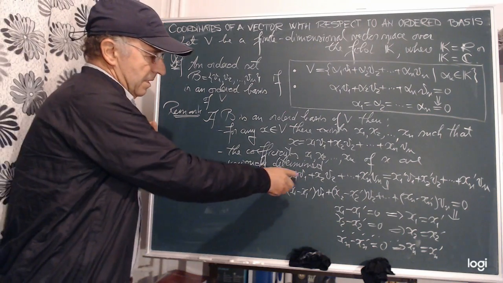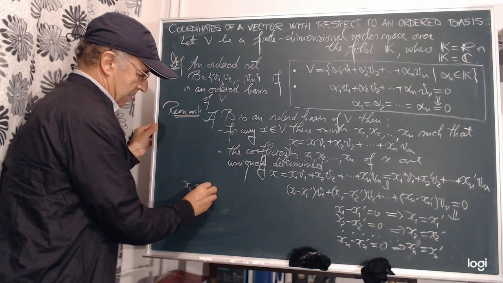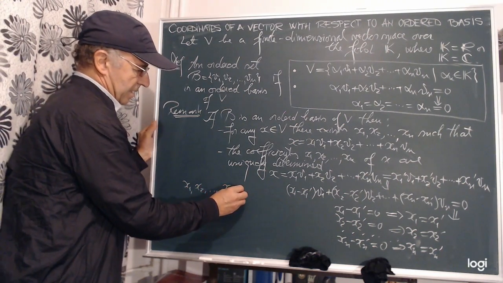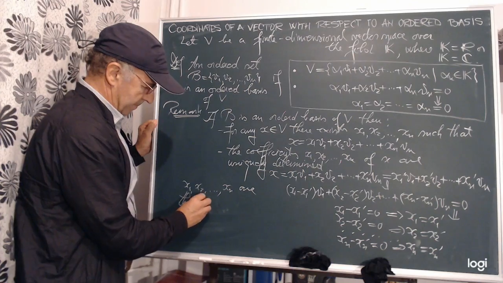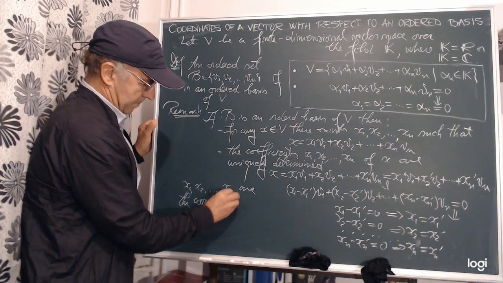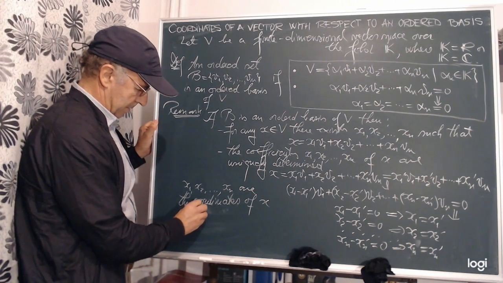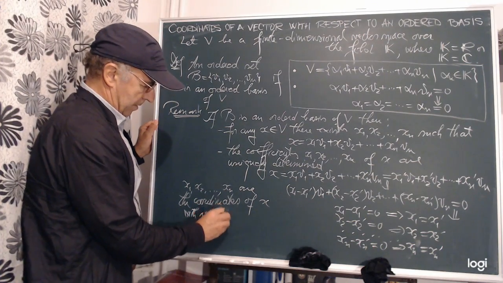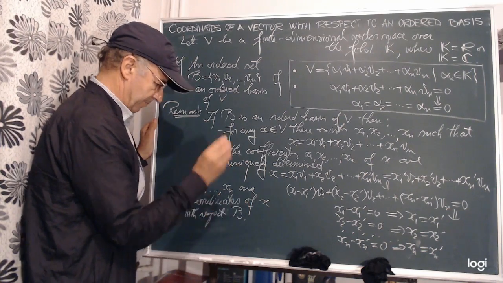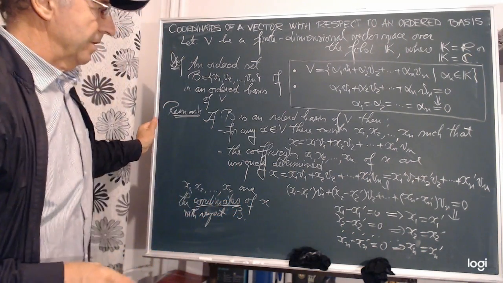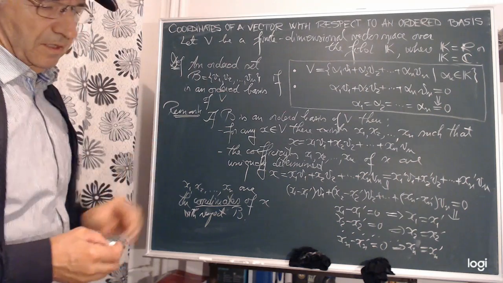The coefficients x1, x2, and so on, up to xn, are called the coordinates of x with respect to the considered basis B.